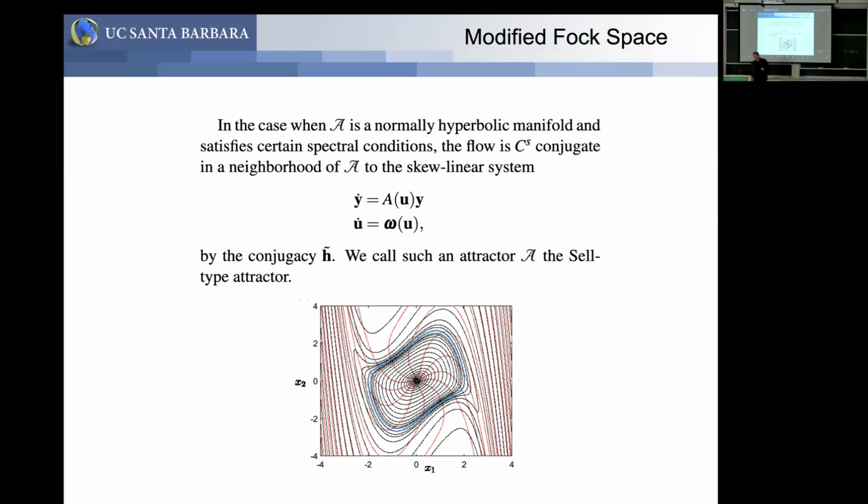Okay, so now a little bit more dynamical systems. Sell proved that if you have a normally hyperbolic invariant manifold and you have Sell-Sacker spectral conditions, then close to an attractor, you can write it as this skew linear system.